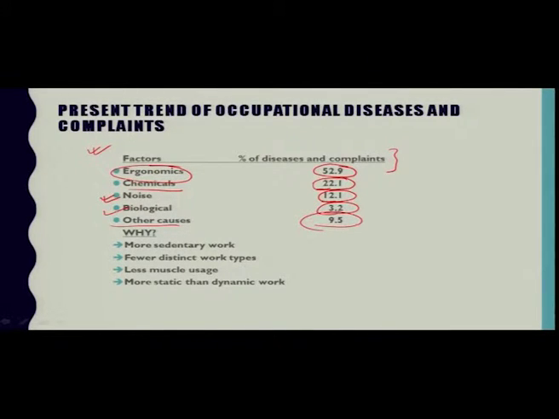So, these are the major factors responsible for several disorders or diseases, or the factors that are adversely affecting the system's performance. These complaints have emerged because of several reasons in any organization. Mostly they come from more sedentary work, fewer distinct work types, and less muscle usage.